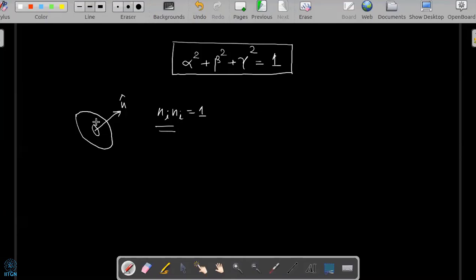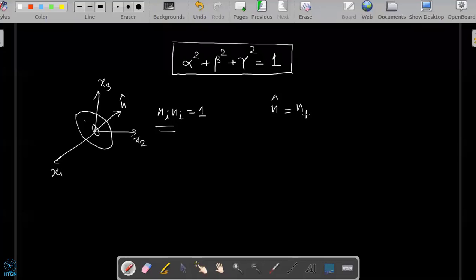If I am considering any coordinate system here, for example x1, x2, x3, then this n cap can be represented as n1 e1 cap plus n2 e2 cap plus n3 e3 cap.